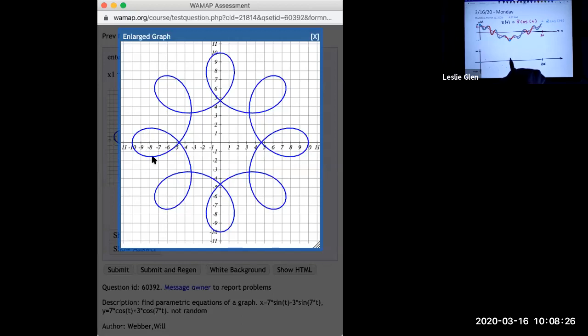So up to +2, down to -2, and then up to 7, down to 3, up to 10, 3, 7, -2, and then back to 0.